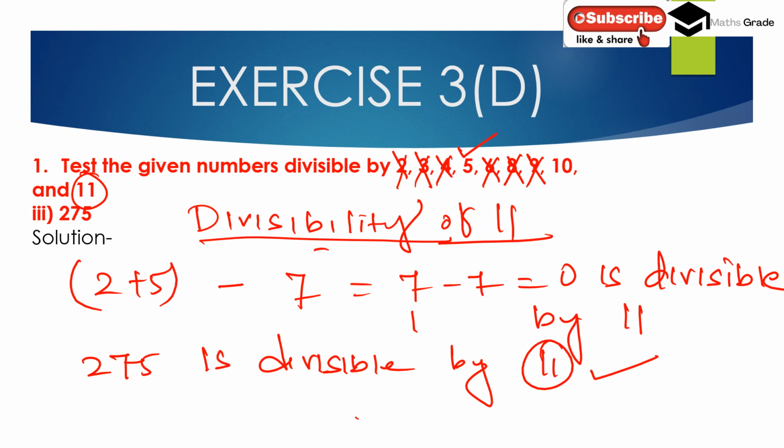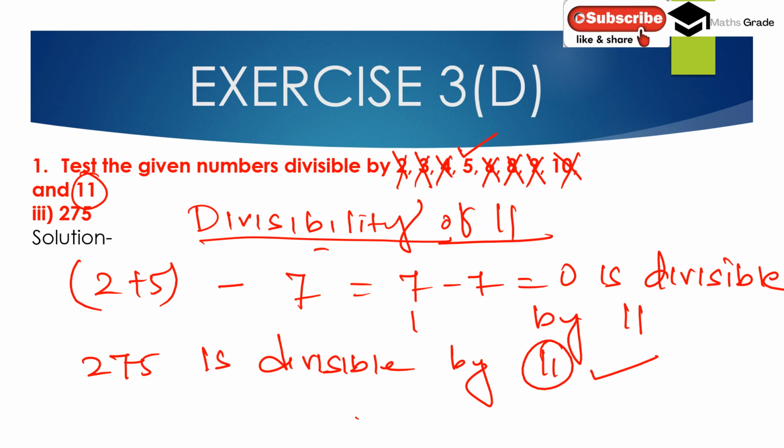And now the number is not divisible by 2, and this number is divisible by 5 only. So this number 275 is not divisible by 10 because it is not divisible by 2. And the difference between the sum of digits at odd places and the sum of digits at even places is 7 minus 7, which is 0, which is divisible by 11.